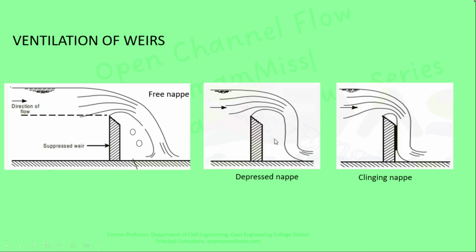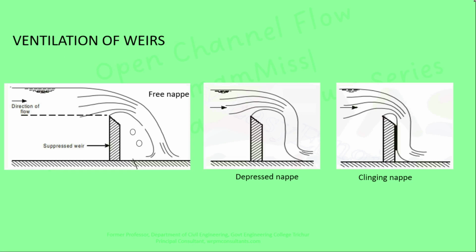If air holes are provided, then even if the air available here is sucked away by the flowing water, the amount of air is recouped through these ventilation holes from outside. This is called ventilation of weirs. This will increase the efficiency of the weir.